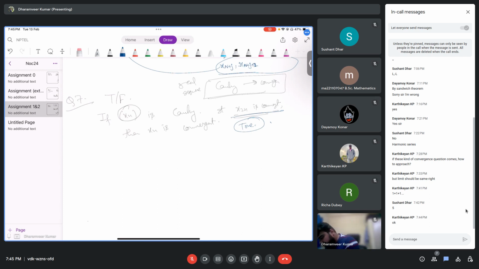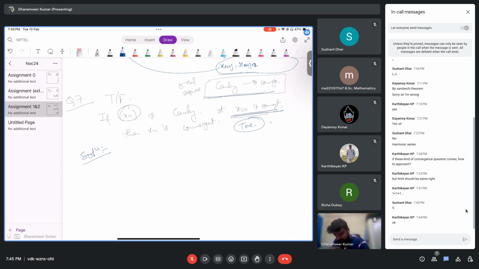We are not looking at complete space, I think. Real space is complete space, but yeah, for now let's forget that. So we are saying that xn is Cauchy and x2n is convergent. It's true irrespective of if x2n is convergent or not.